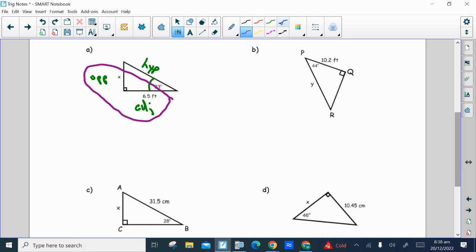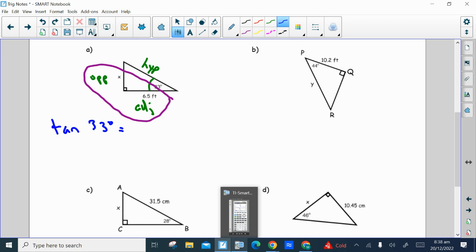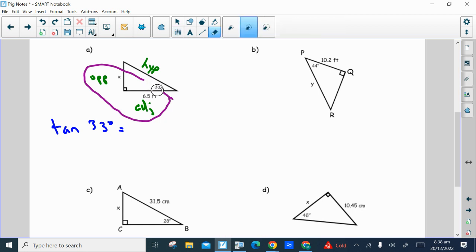But we've decided that we need to use the tan ratio here based on which two sides we are working with. And the tangent of the angle, which is 33 degrees, equals opposite first, adjacent second, opposite on top, adjacent on the bottom.